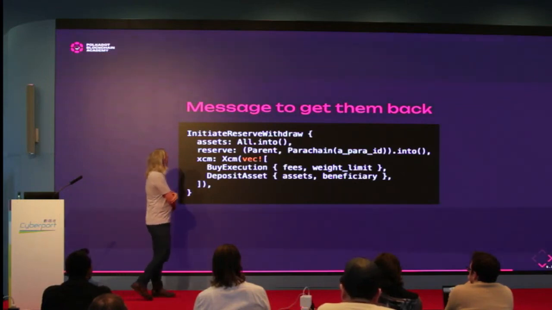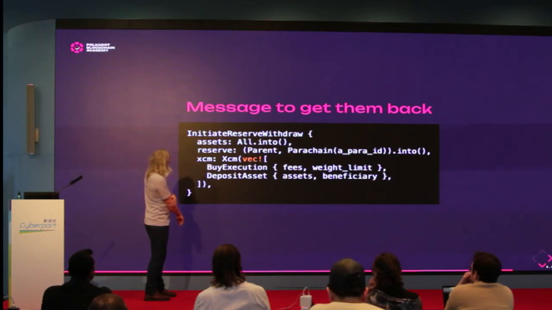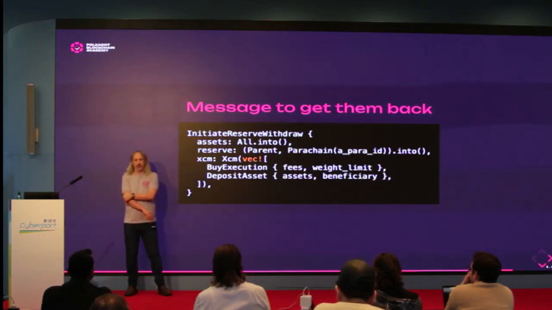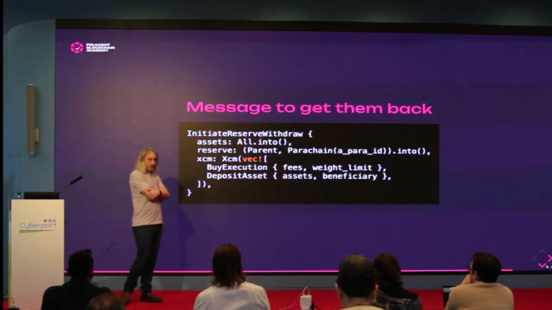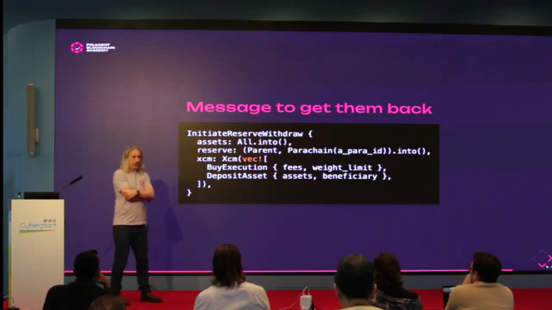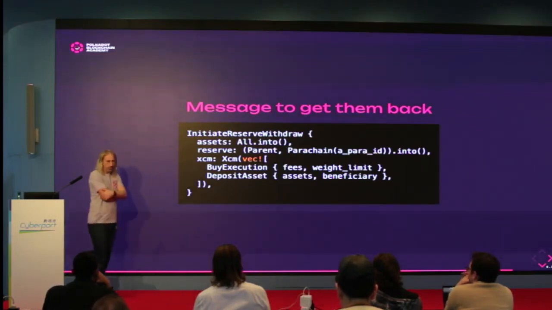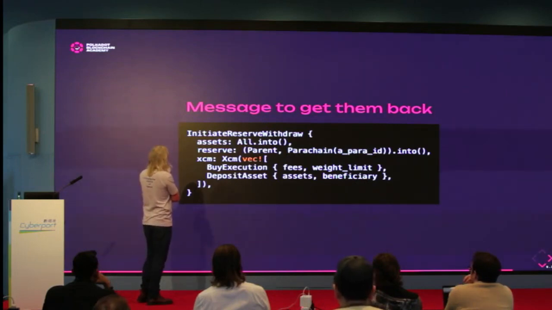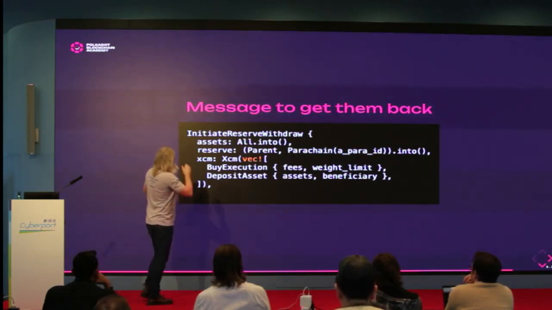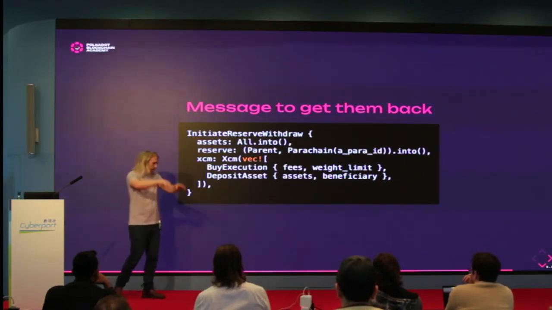Furthermore, we are pretending that we have assets in the holding register, wrapped assets. In Polkadot terminology, we call them reserve assets or reserve-backed assets, but wrapped assets works well as well. So, sitting on the DEX chain, we have wrapped assets in our holding register.